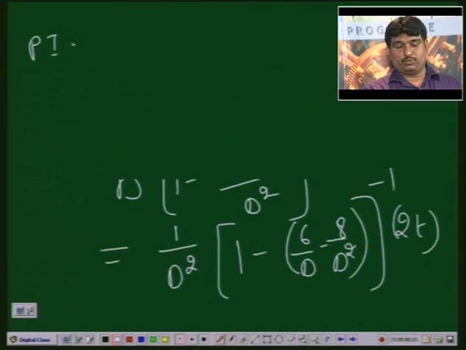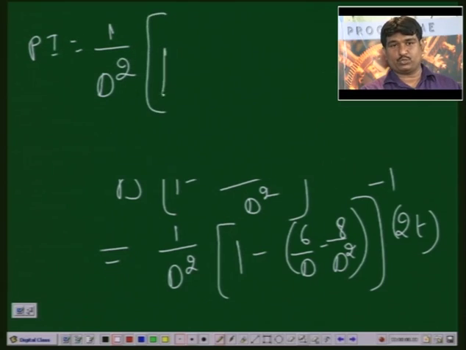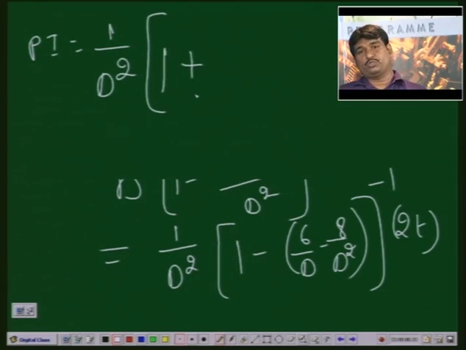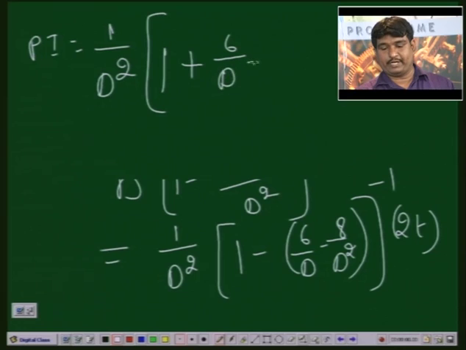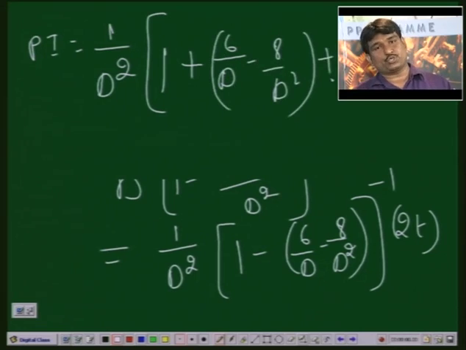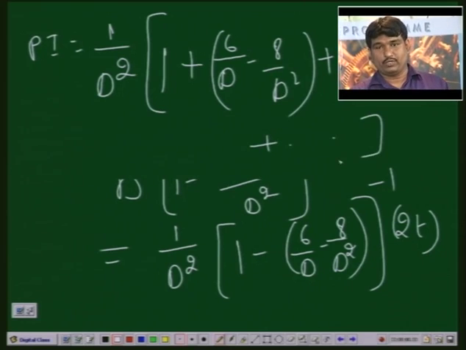Pi equals to 1 divided by d square as it is into expansion of this. It is 1 plus, because it's 1 minus whole to the power of minus 1, so all terms are positive, 6 by d minus 8 by d square, plus the square of 6 by d minus 8 by d square, plus dot dot dot operating on 2t.